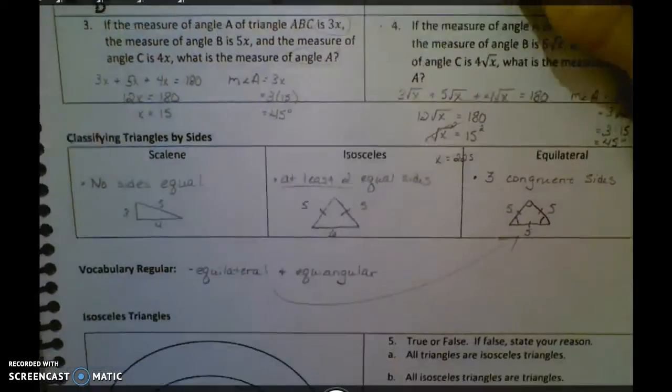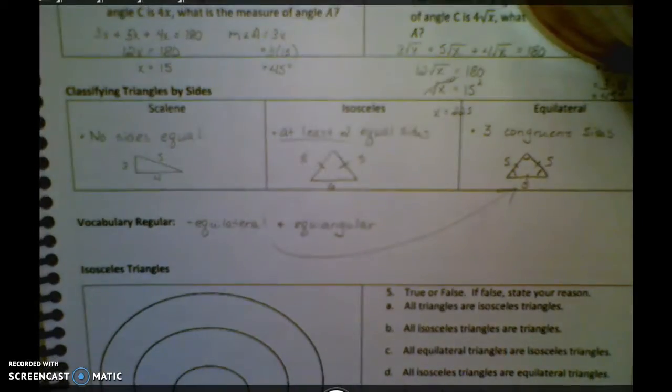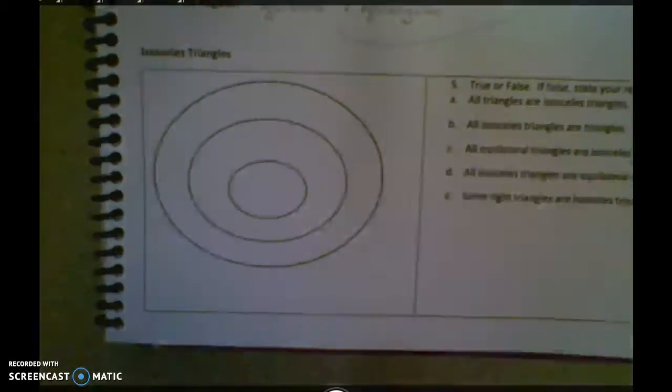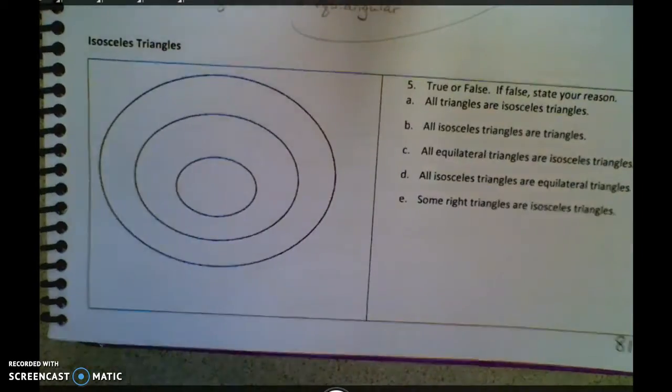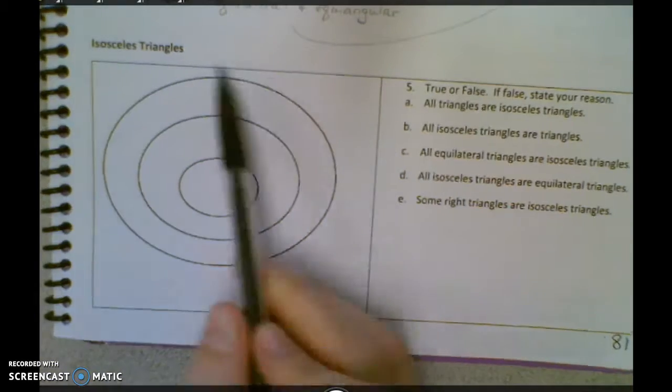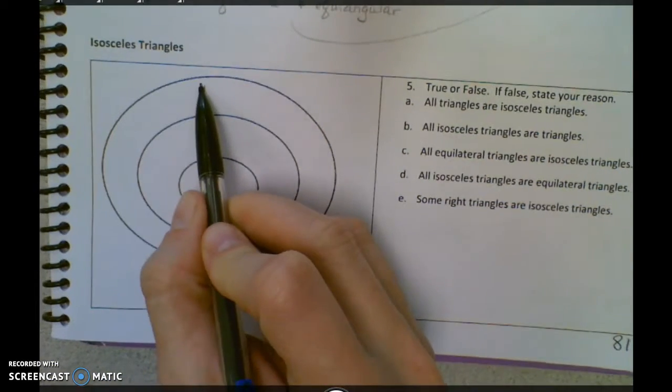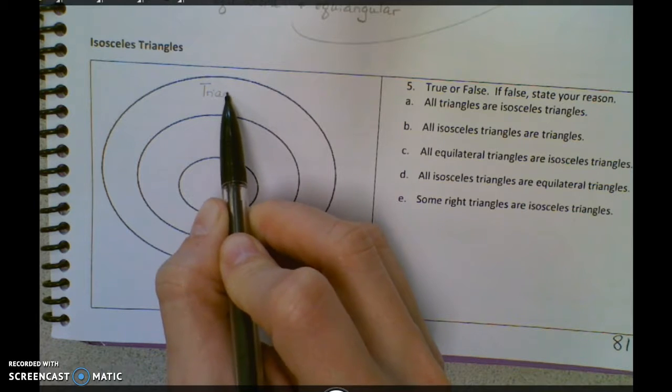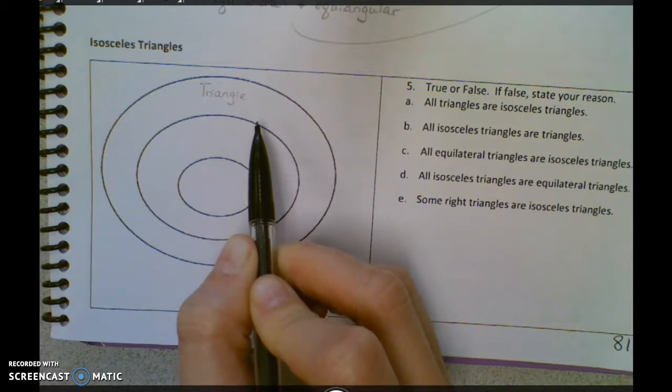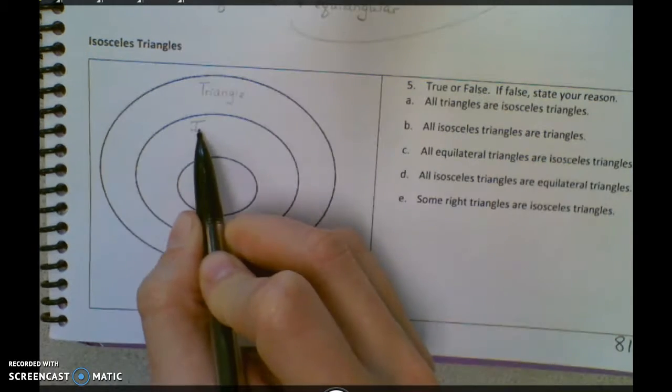So when we talk about triangles, we can eventually organize them in groups, which I'm going to attempt to do down here. So I have this big bubble, and it's going to represent every triangle in existence. Some triangles that exist will be isosceles.